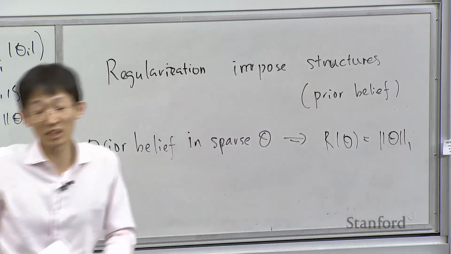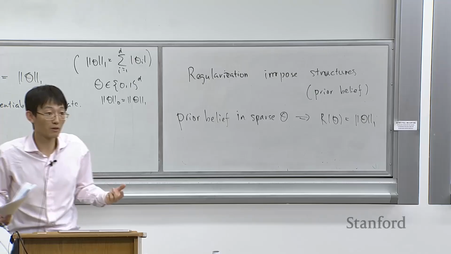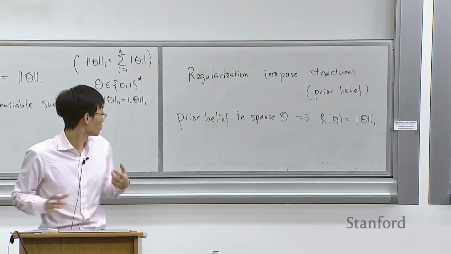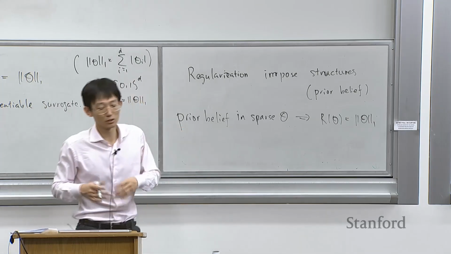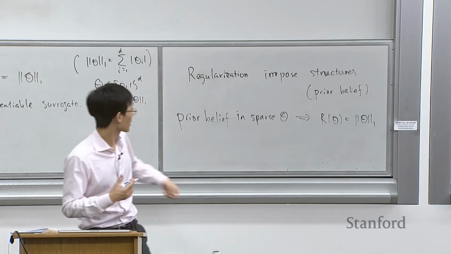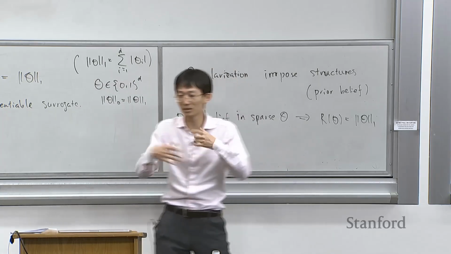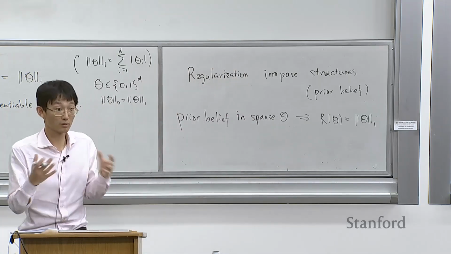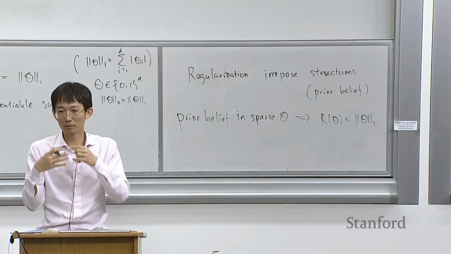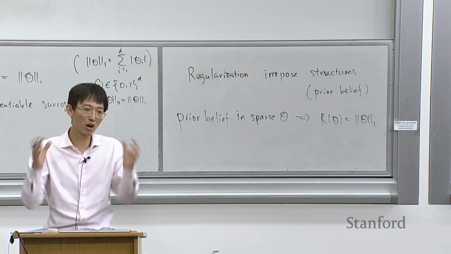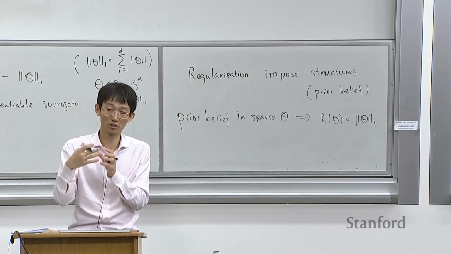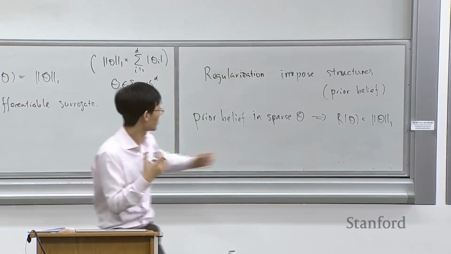Just because you believe that your model is sparse, why not just encourage that? If you encourage the 1 norm, then you limit your search space. Before you were searching over all possible parameters, and now you're only searching over low 1 norm parameters.